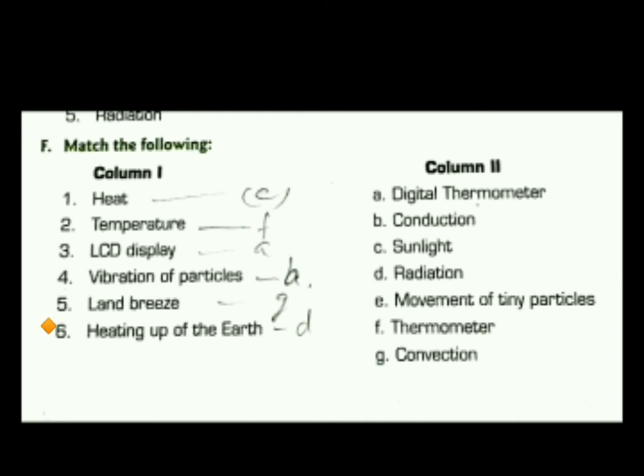And 6th, heating up of the earth. Students, here is a little confusion. For heating up of the earth, you have 2 options left, sunlight and radiation.